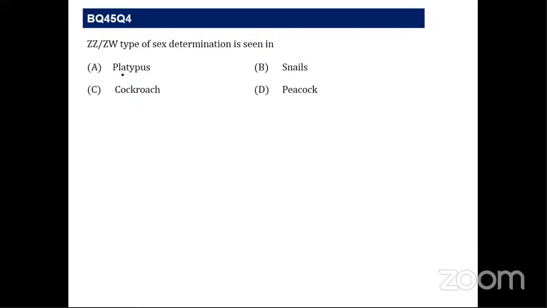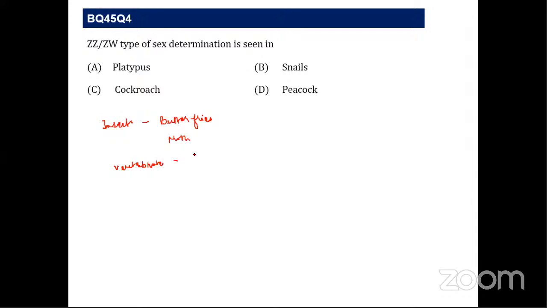See, in ZZ-ZW type of sex determination, this type of sex determination is found in insects, in insects like butterflies, moth, and vertebrates.